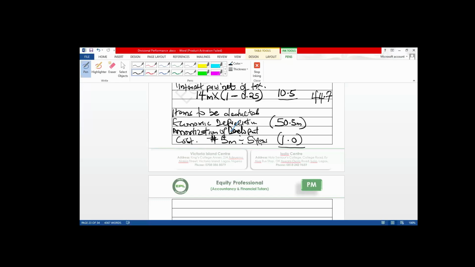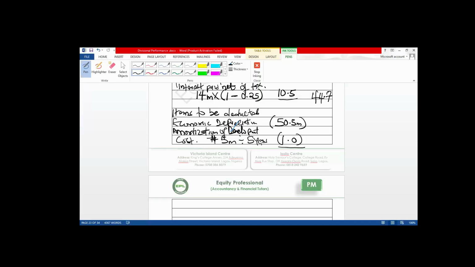However, that cost is for a project. That cost was used to develop a project. That project is for 5 years. The cost will now be spread for the number of years the project will run. That is the meaning of amortization of cost.